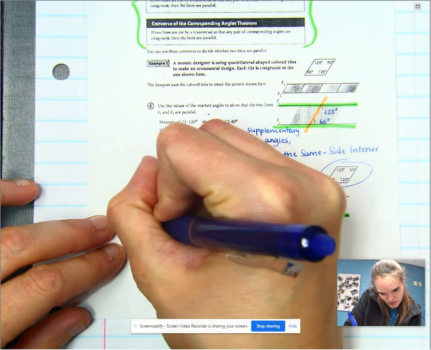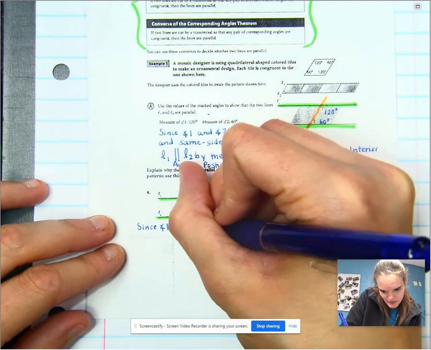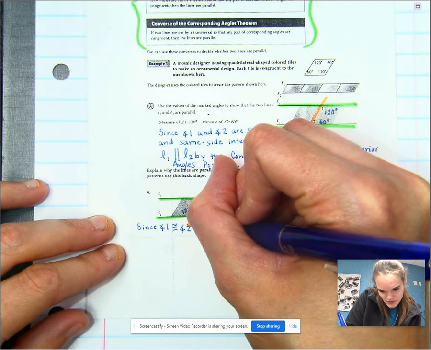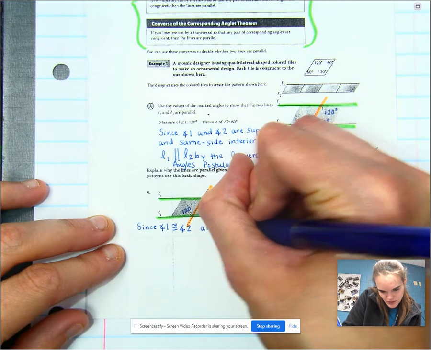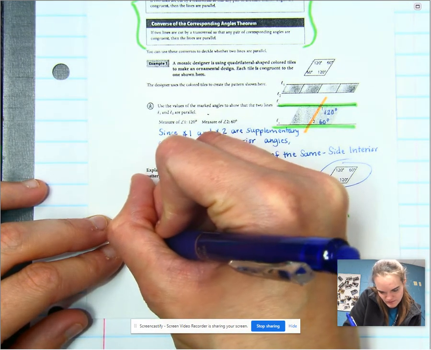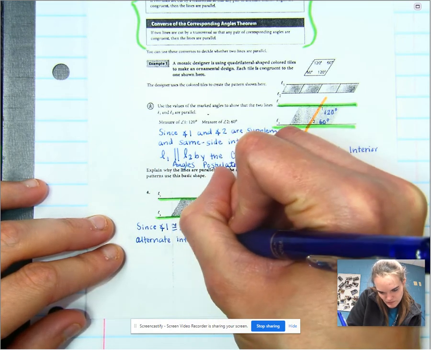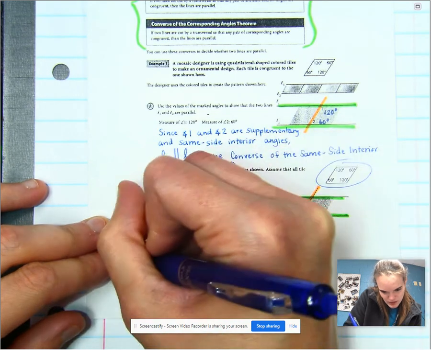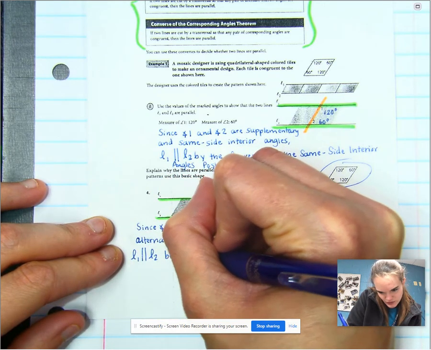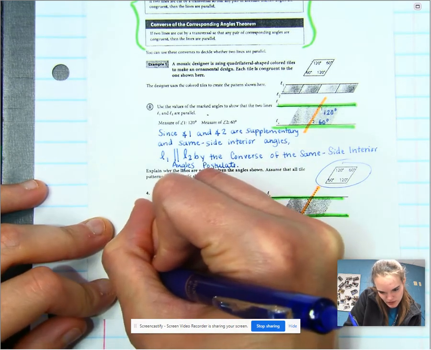So since angle 1 is congruent to angle 2, and they are alternate interior angles, L1 is parallel to L2 by the converse of the alternate interior angles theorem.